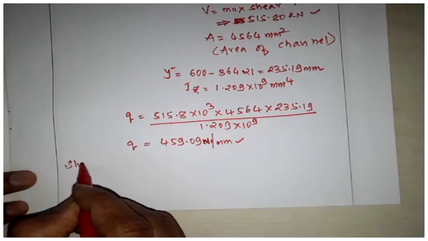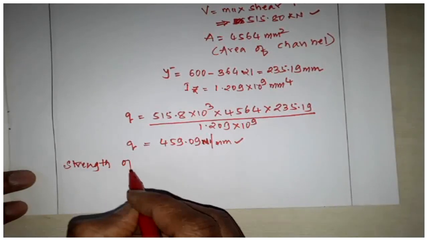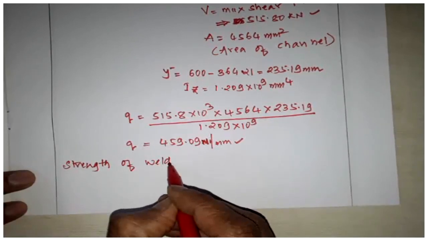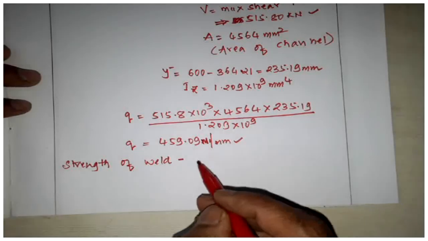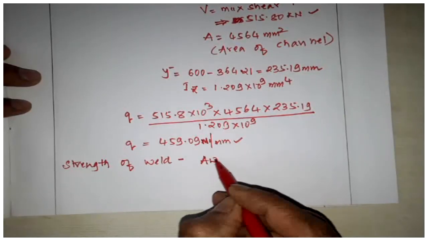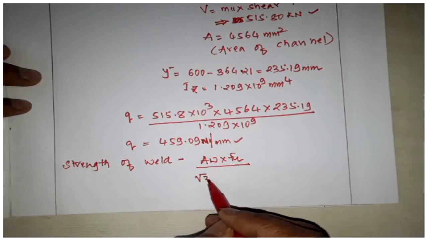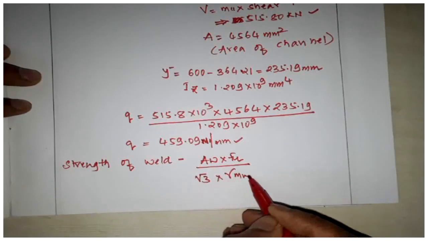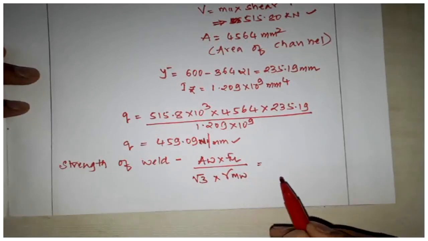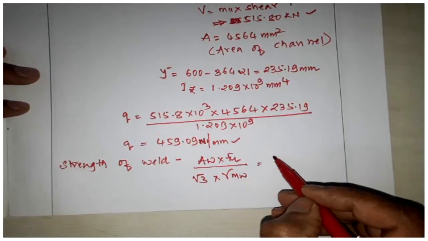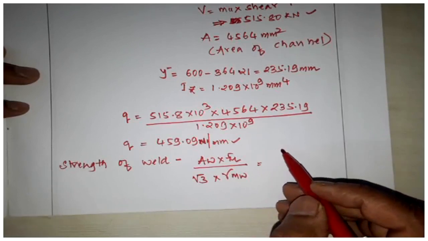So strength of weld is given by AW into FU by root 3 into gamma MW. Here again AW is nothing but area of weld. So area of weld is effective throat thickness.